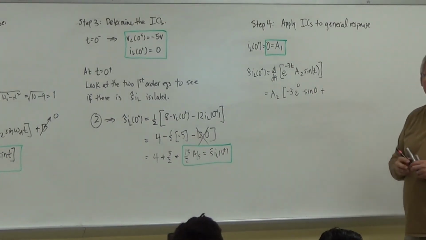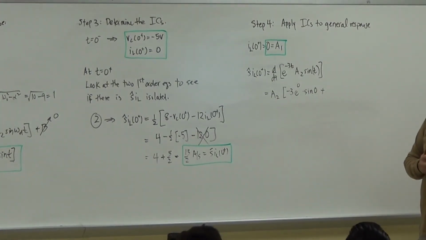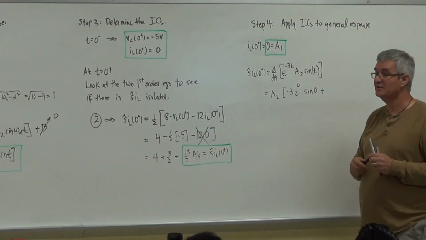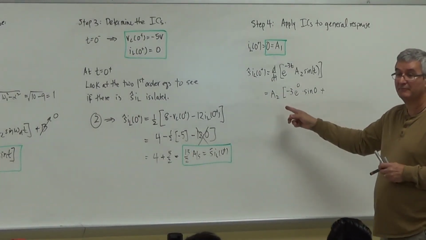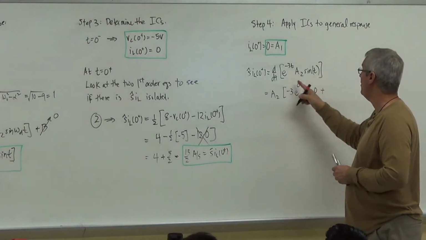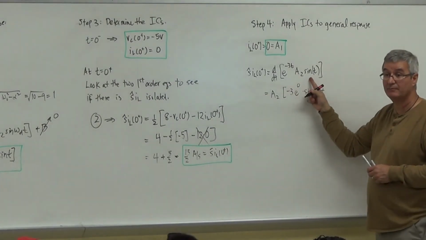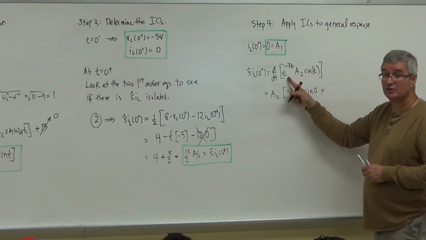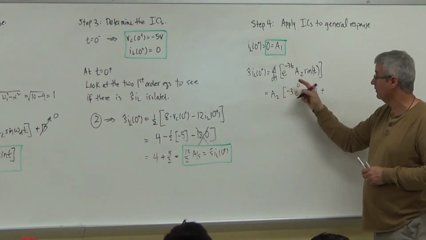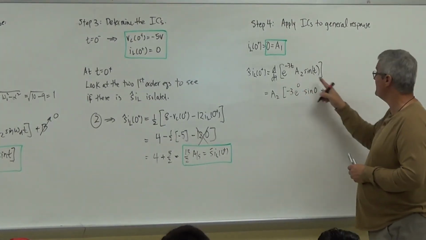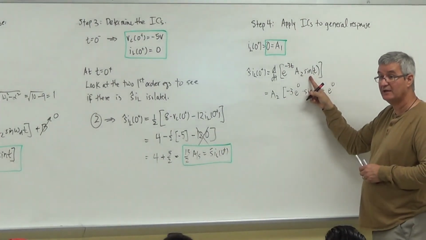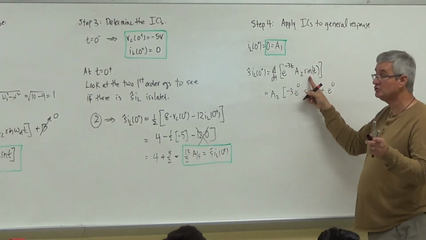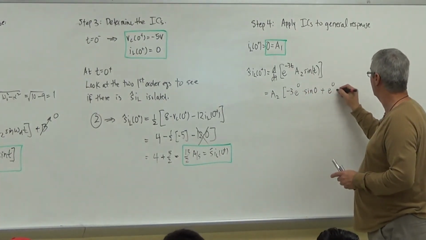Did I do that too fast? You know, I know this isn't the PC word, but silence means that I'm doing the right thing. Right? Okay. So now I take the derivative of the second term. The first term is e to the 0. And then I got to take the derivative of this guy. If I take the derivative of sine, I get cosine. But cosine of 0 is 1.